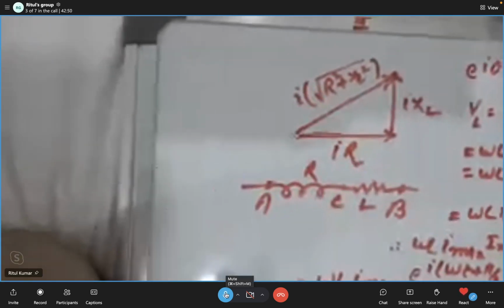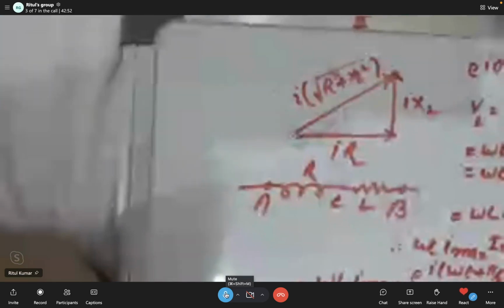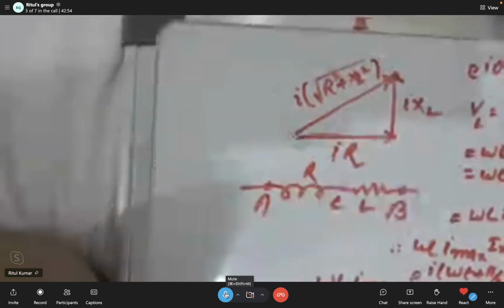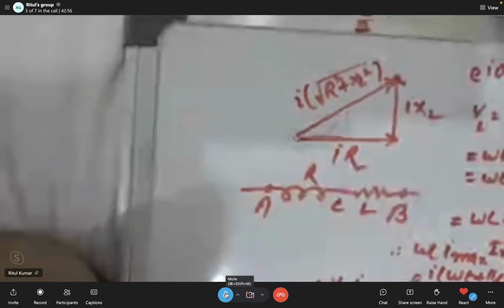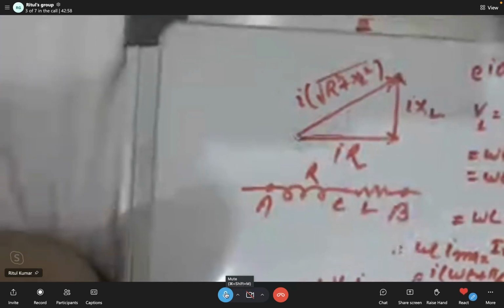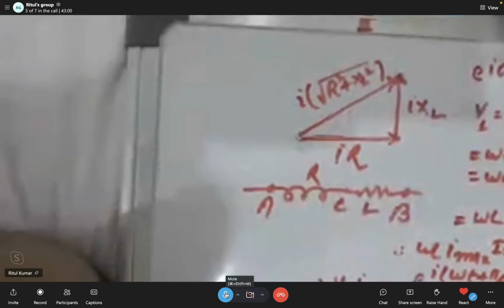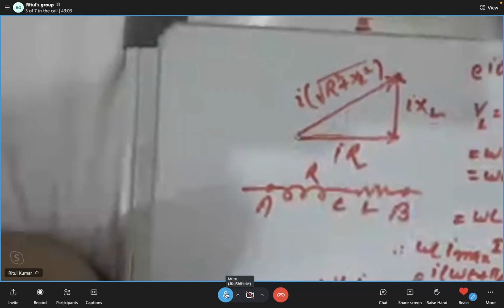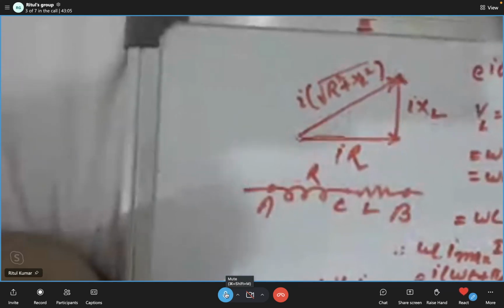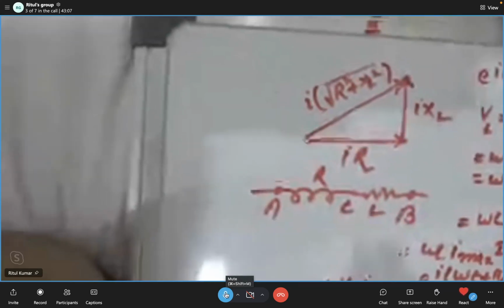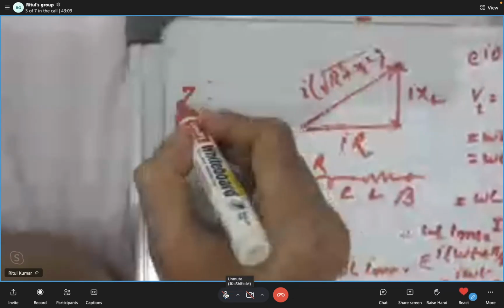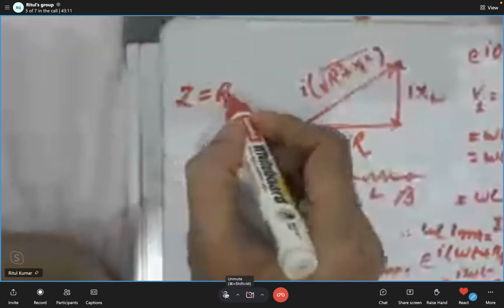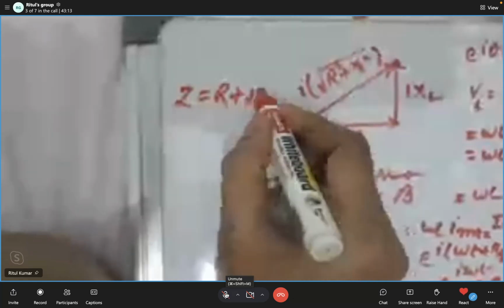And their respective components on whatever axis, I mean, on which axis are we taking the components again? We're taking in the complex plane, yeah. If you ask me how to write Z, then I'll tell you Z can be written as R plus jXL.